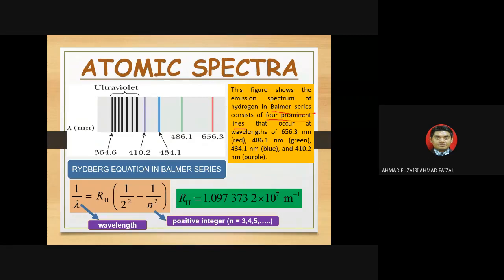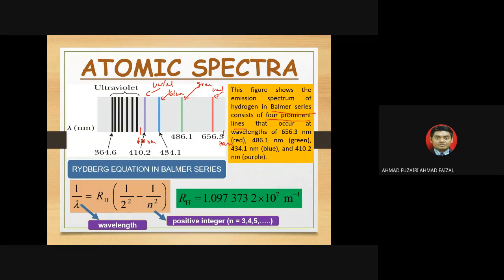But when you focus on these four colors, violet, blue, green, and red, from the region of 400 nanometers to 700 nanometers, this is the visible range.